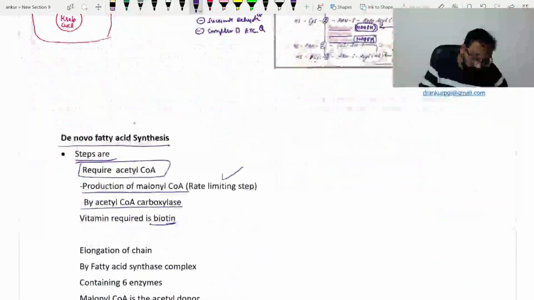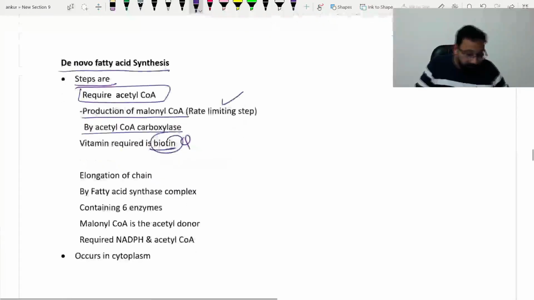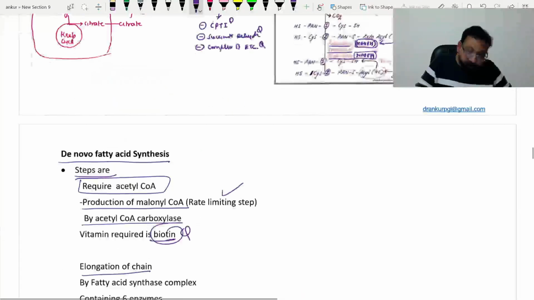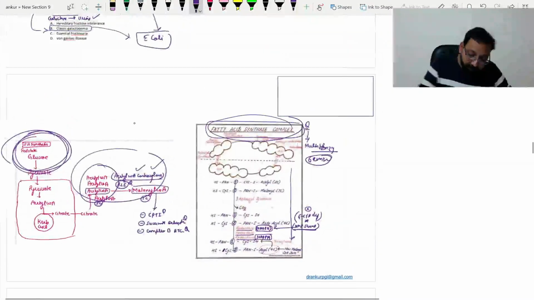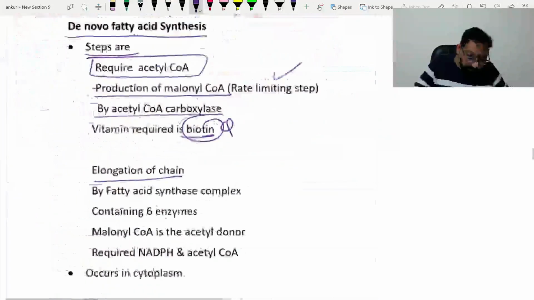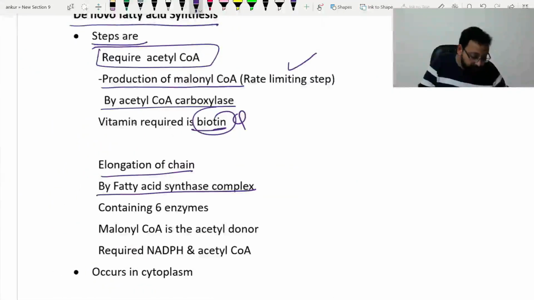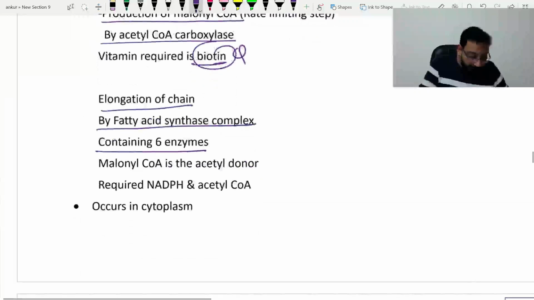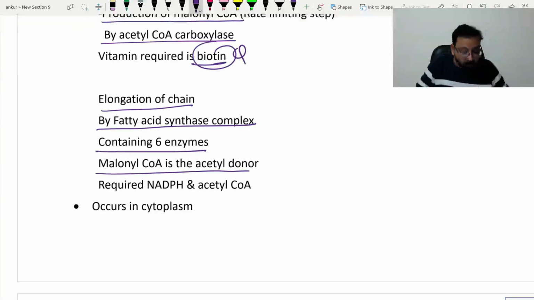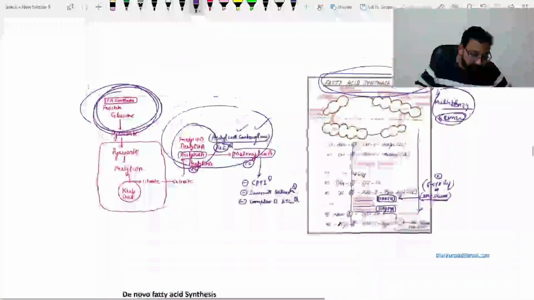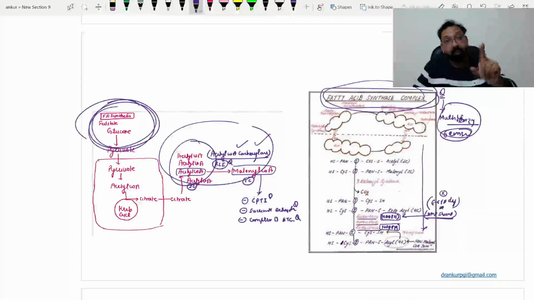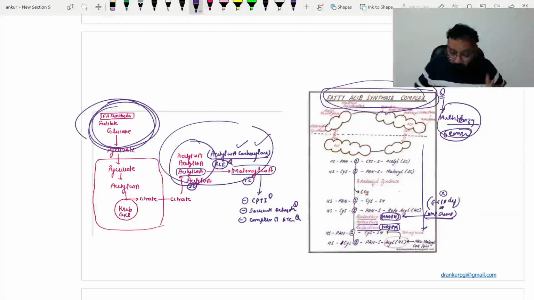Carboxylase requires biotin as a cofactor, a question. Then elongation of the chain by the fatty acid synthase complex. This is a multi-enzyme complex containing 6 enzymes. Malonyl coenzyme A is an acyl donor and it requires NADPH and acetyl coenzyme A. This reaction, fatty acid synthase, occurs in the cytosol. Got the point?